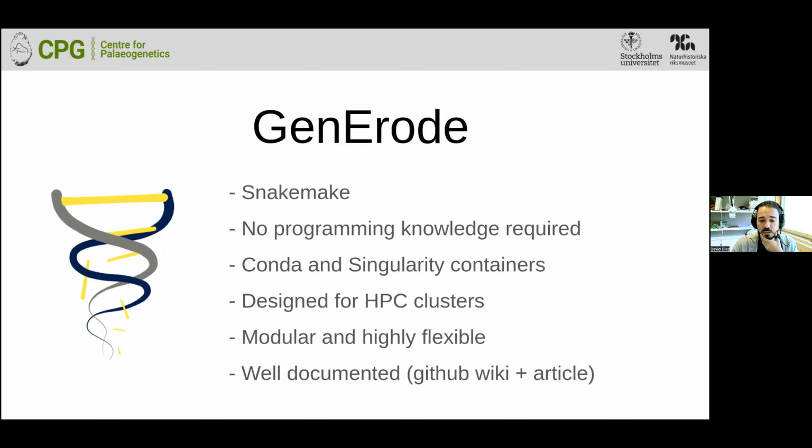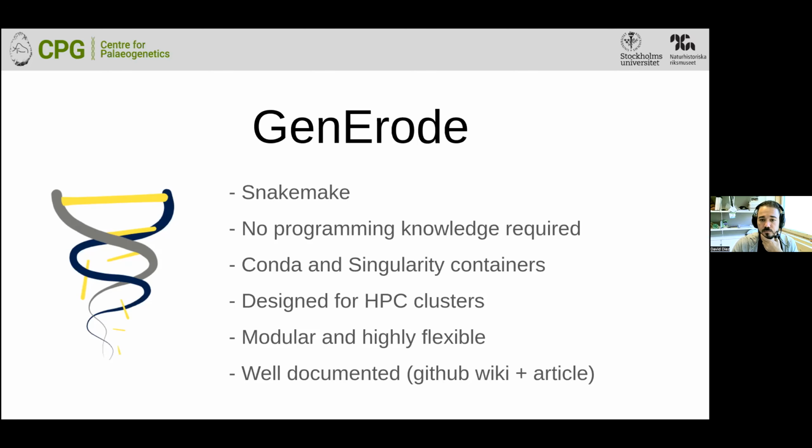We have this wiki in the GitHub pipeline that is quite extensive, and it goes from background information on the methods that are used in the pipeline to information about installation and also the most common problems that we have found while developing the pipeline. And there is also an article that is in preprint state, so it's already published.